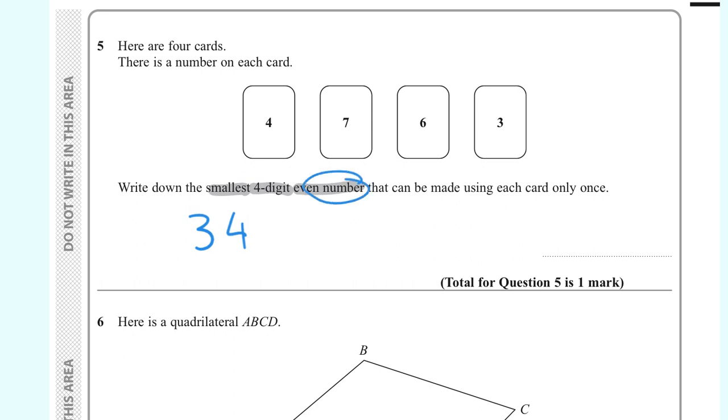Even numbers either end in a 0, a 2, a 4, a 6, or an 8. So we're kind of being forced to put the 6 at the end. Even though, in theory, the number would be smaller if you went the other way around, it wouldn't be even anymore. So we're going to put the 6 at the end. That little gap is for the 7. 3, 4, 7, 6. That's the only answer you can get for this one.